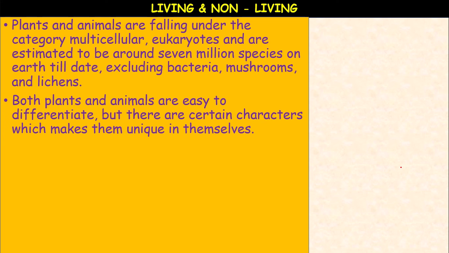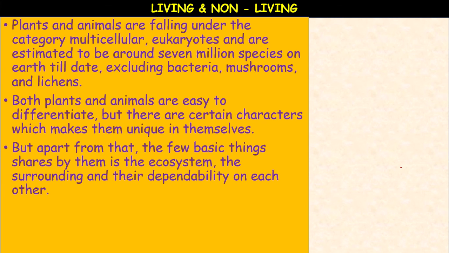Both plants and animals are easy to differentiate, but there are certain characters which make them unique in themselves. Apart from that, a few basic things shared by them is the ecosystem.